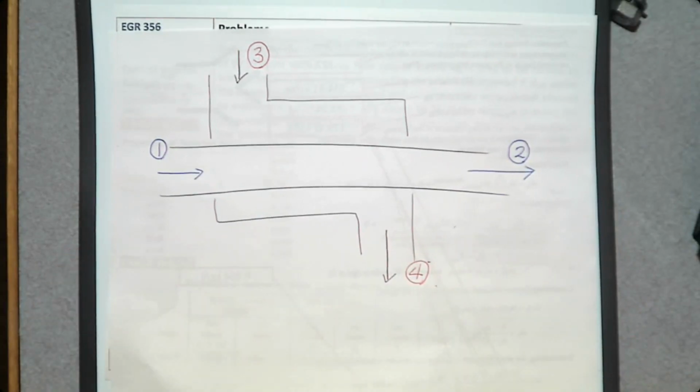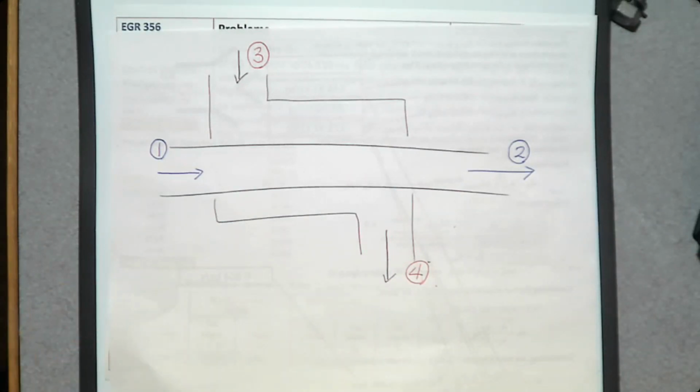Then we can make 3 energy balance equations, one for this fluid, another one for this fluid, and the last one for the entire heat exchanger. Okay, so let's do one by one.